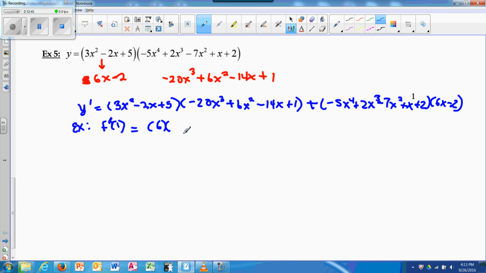So at 1, I would have 3 minus 2 plus 5, 6. Negative 20 plus 6, negative 14 plus 1, negative 27.